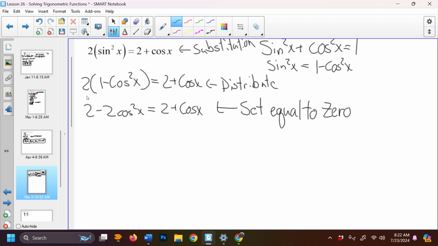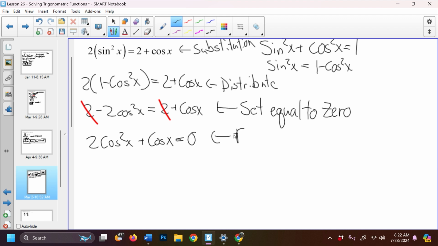And if you notice, I've got a 2 on both sides, so if I subtract 2 from both sides, those will cancel. And I want to keep everything positive, so I'm going to add this 2 cosine squared to both sides. That'll give me 2 cosine squared x plus cosine x is equal to 0.